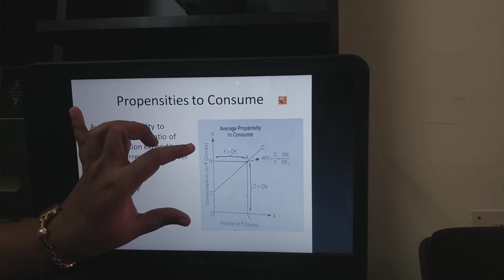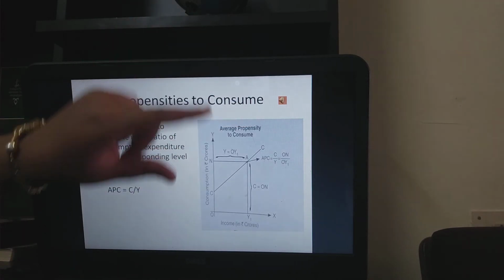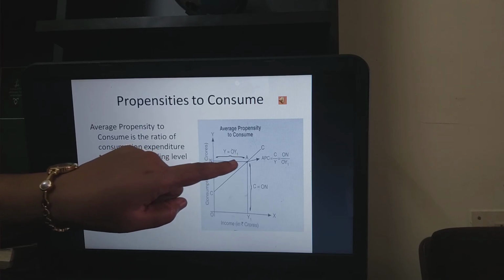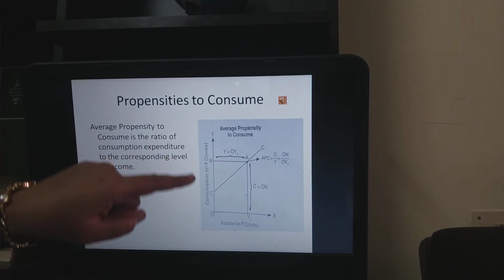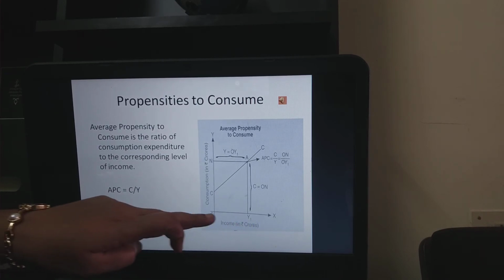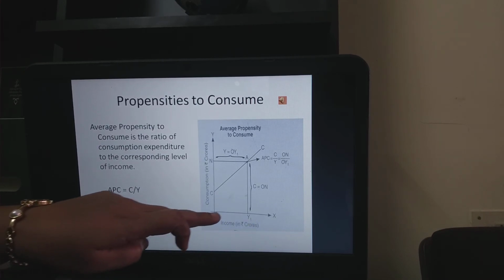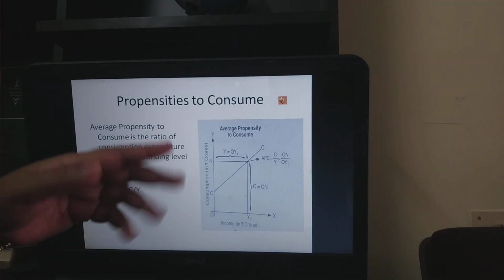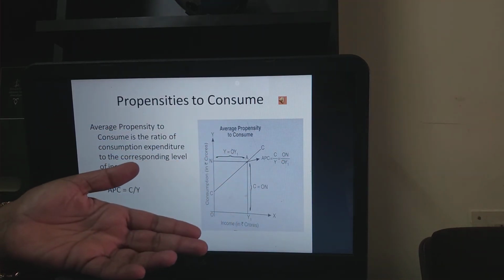So ON is a consumption expenditure on that CC line at point A, and this consumption ON is possible because of this level of income OY1. So this is the graphical representation of the concept of average propensity to consume.